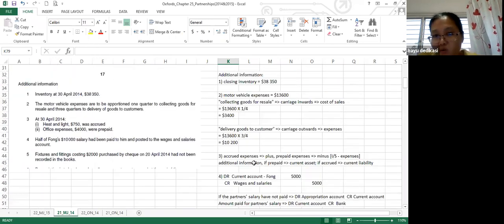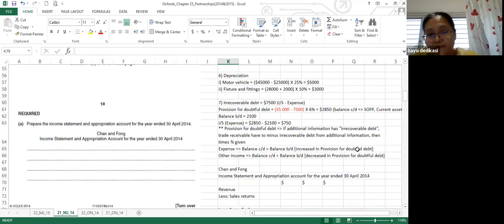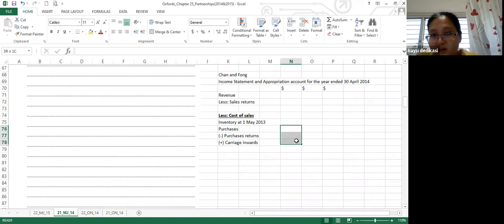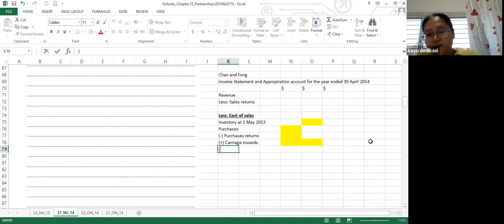So try to get used to the format. Okay, next you get the net amount. This one plus minus all this. You can do it in here, and then put the net amount in here. Whereas for this inventory, after you get these 2 amounts, the last one will be your less inventory at 30th April 2014.